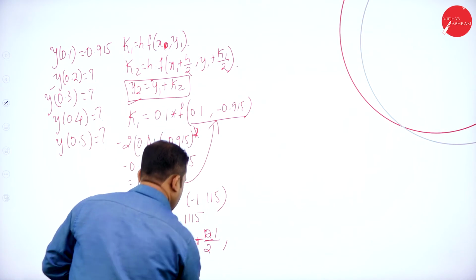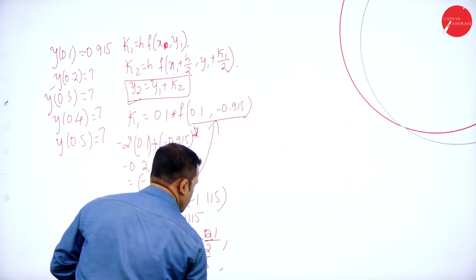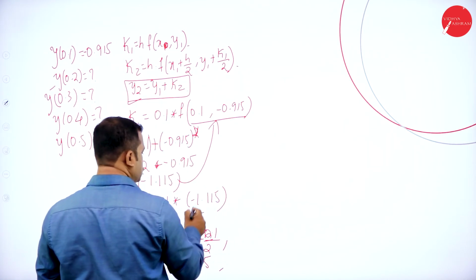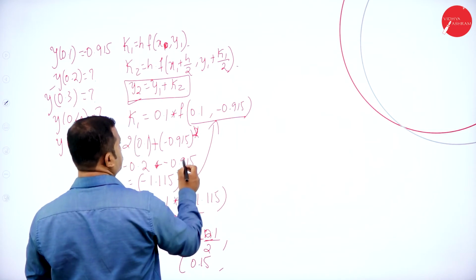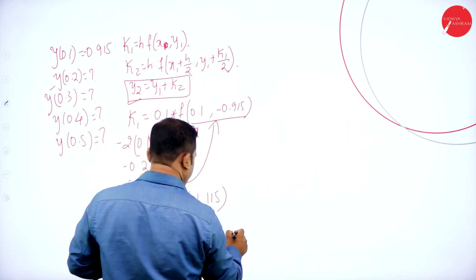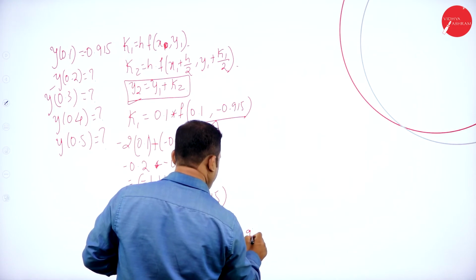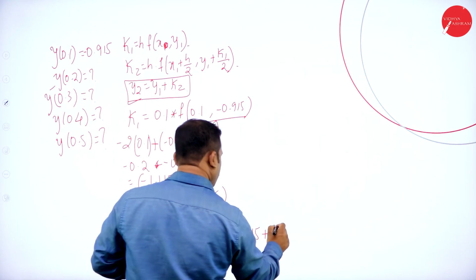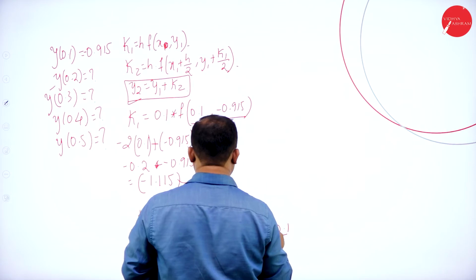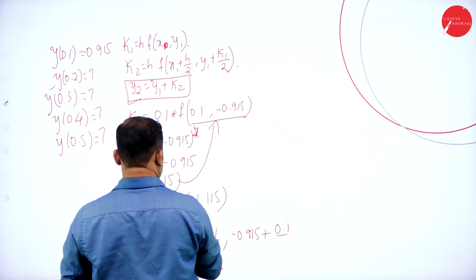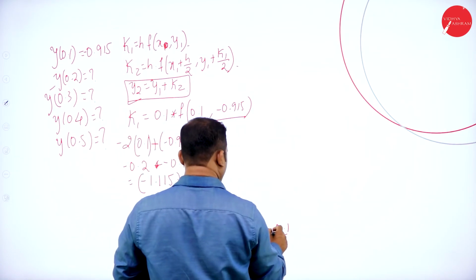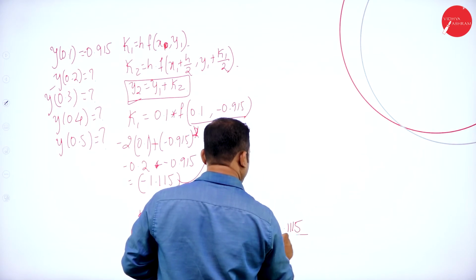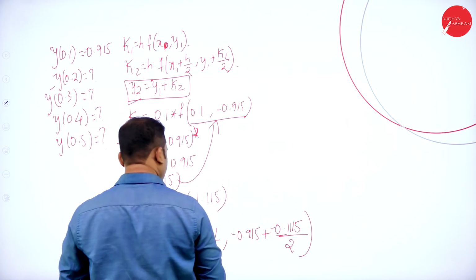This becomes 0.15 comma. What is the value of this one? y1 is minus 0.915 plus 0.1 by this term, minus 0.1115 by 2. What is the value I am getting for this?